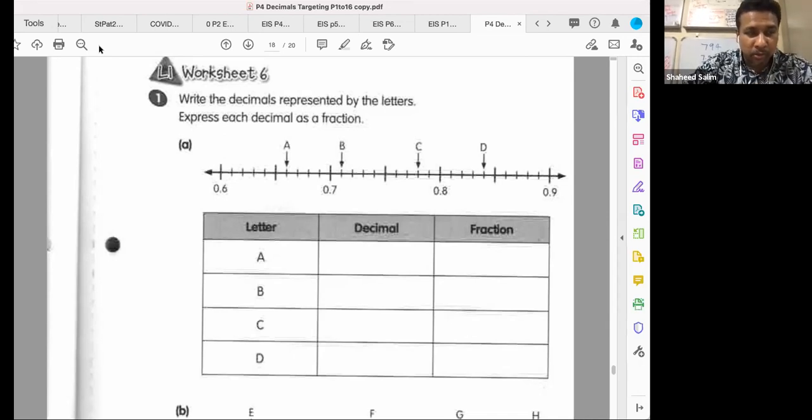Umaira, are you there? Congratulations, Umaira, for B. Well done, Izzat, for C. Umaira, well done for C. Umaira is catching up now. Can she reach the finish line?